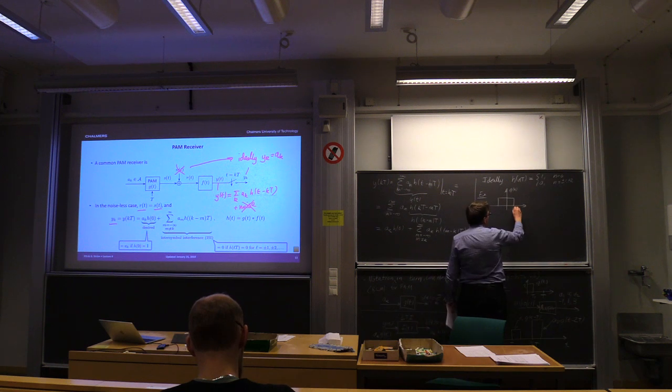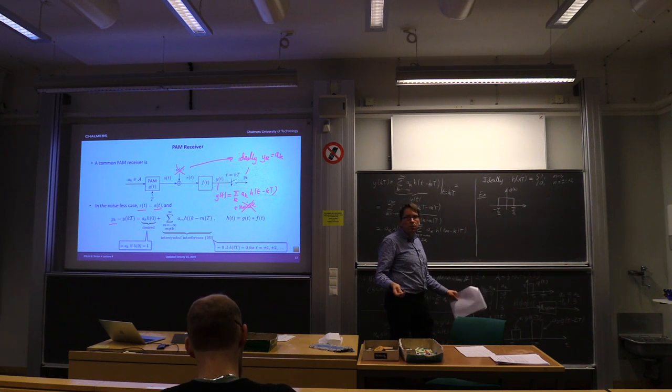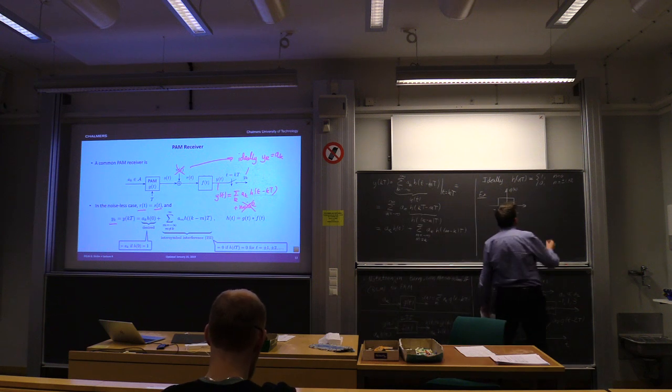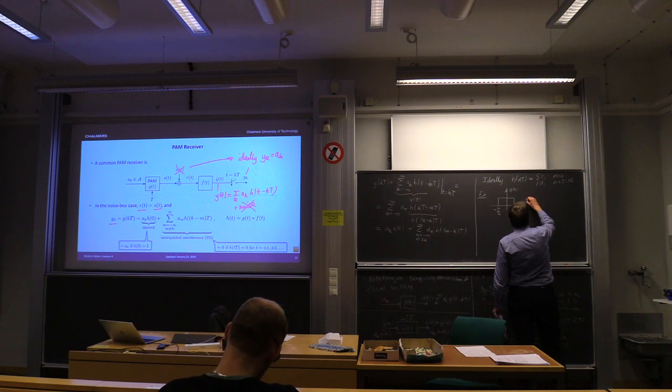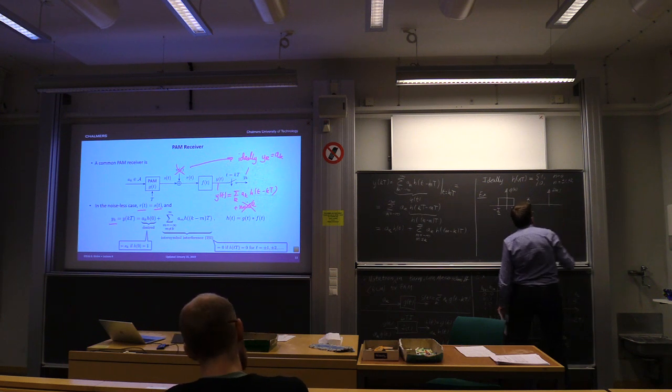Okay, and let's make this equal to T over 2 and this negative T over 2. So the duration of the pulse is T seconds. And then we convolve that with a filter f(t) like this.